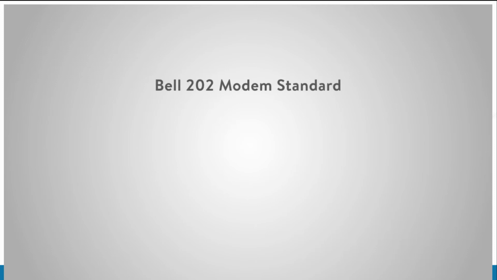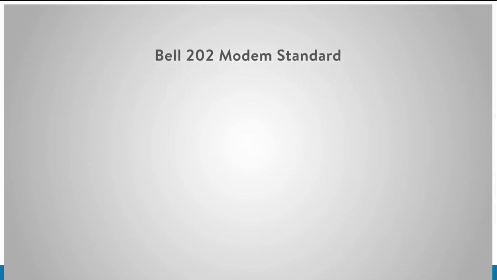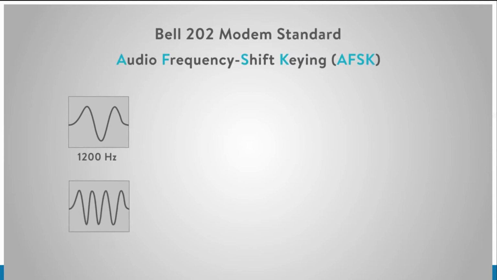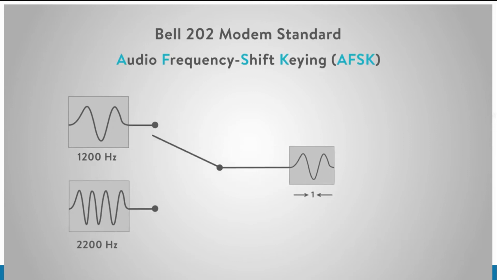In the late 1970s, Bell Labs invented the Bell 202 modem standard. In 1980, the Bell 202 standard was adopted as the communication standard for subsea oil and gas production control systems. Bell 202 specifies a modulation method known as audio frequency shift keying, or AFSK, to encode and transfer digital data at a rate of 1,200 bits per second, half duplex, meaning transmission only in one direction at a time.